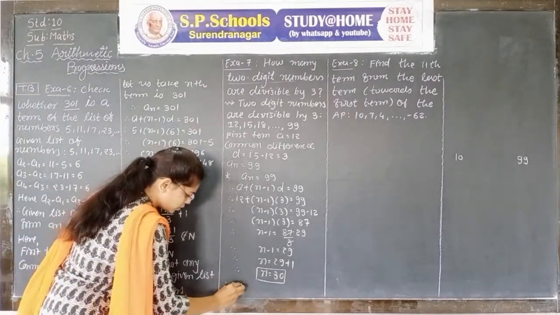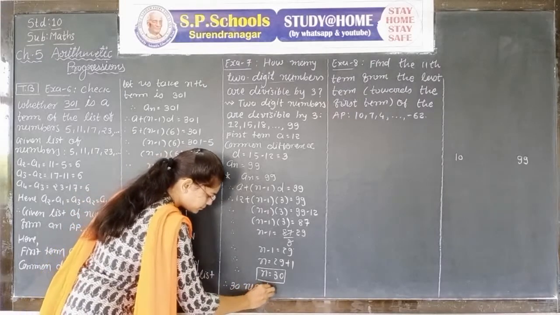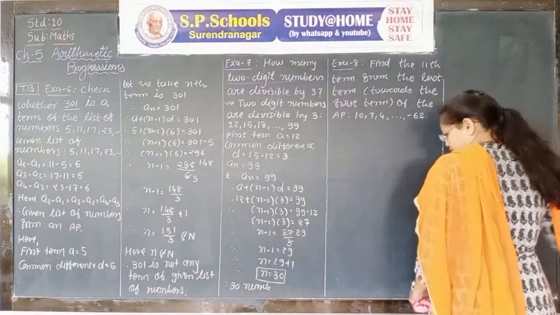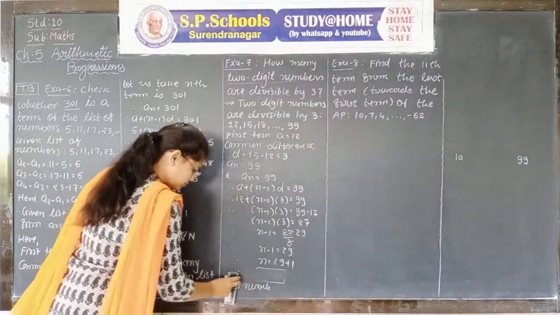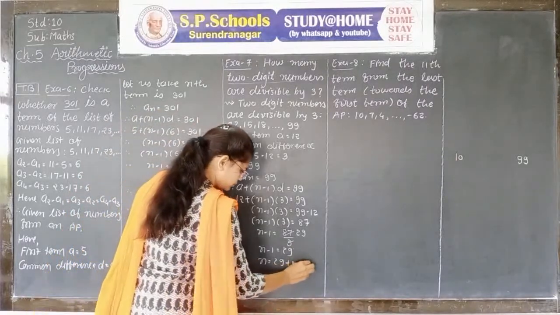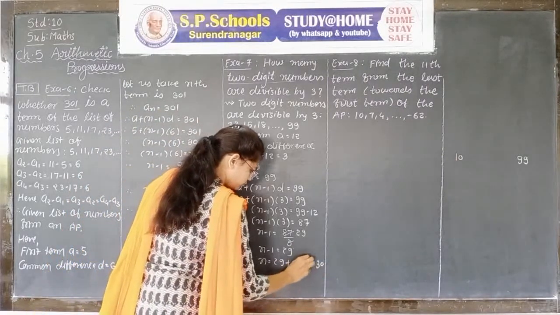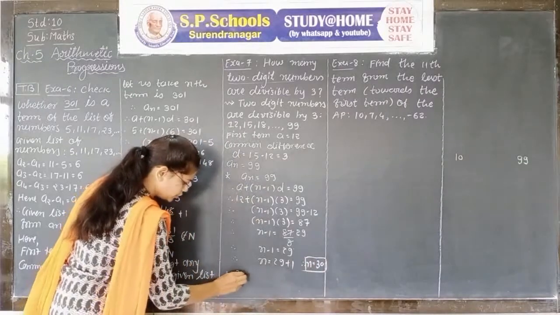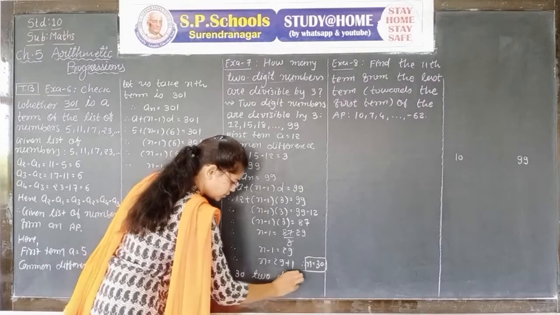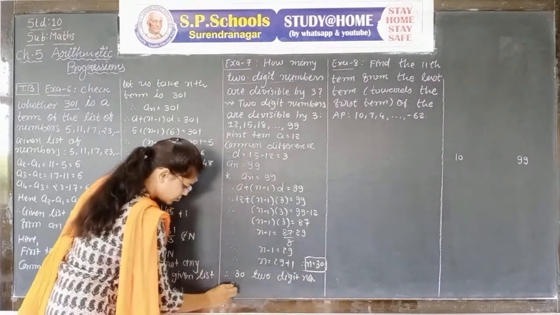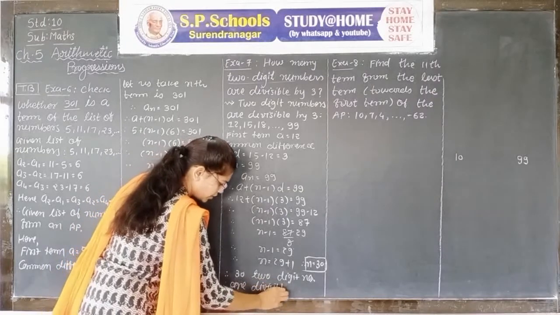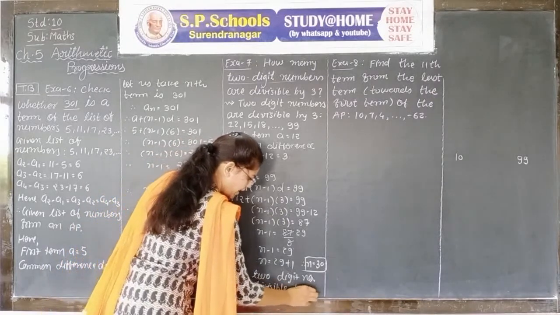Therefore 30 two-digit numbers are divisible by 3.